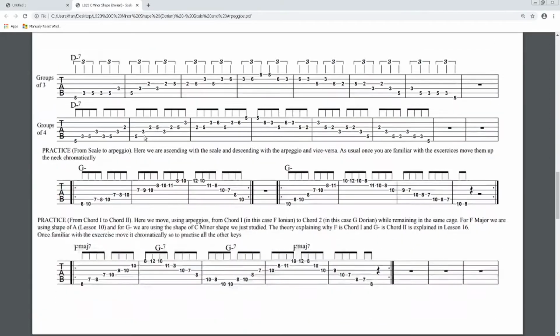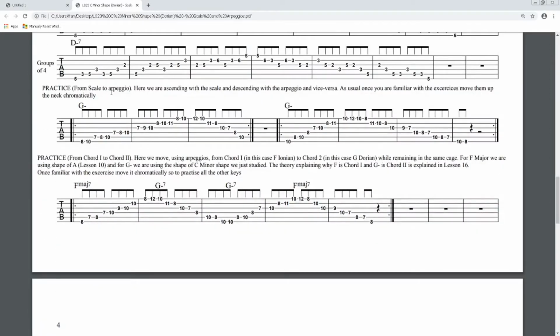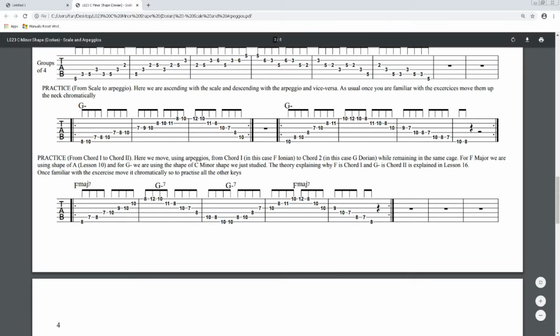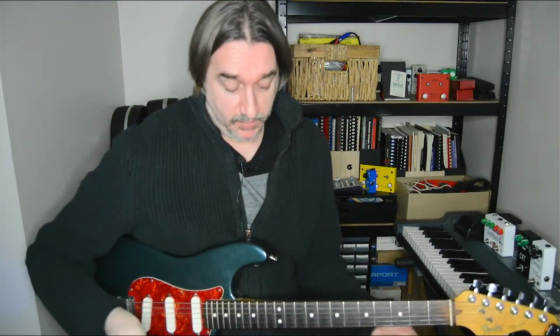The following exercise we look at instead is from scale to arpeggio. Here we are ascending with the scale and descending with the arpeggio and vice versa. Again, in the long run, that's going to help you in switching from one to the other when you're playing lead lines. So we know that that's the scale.